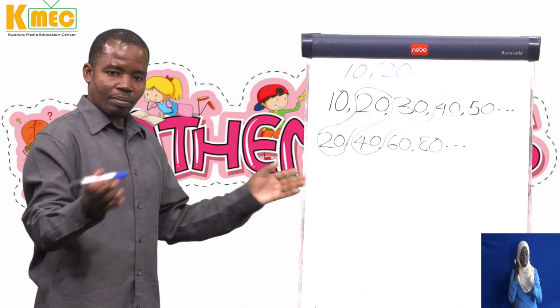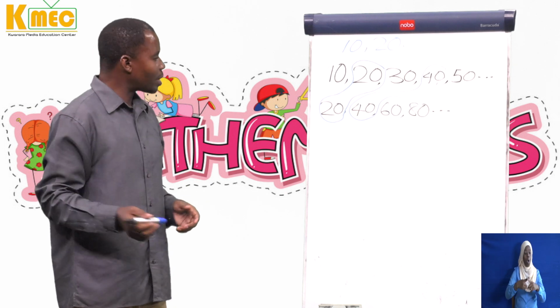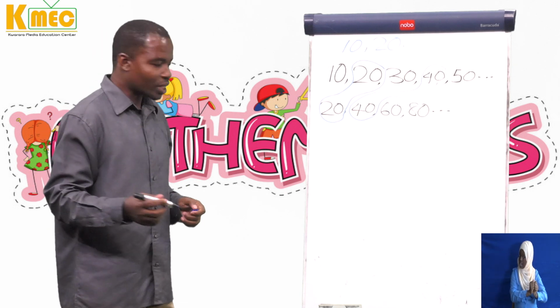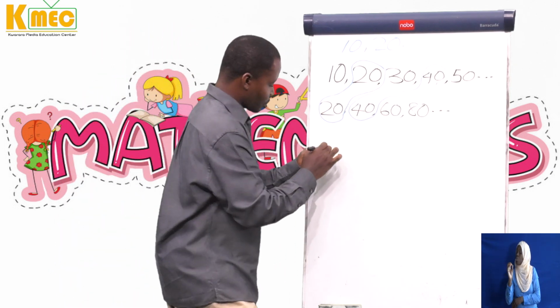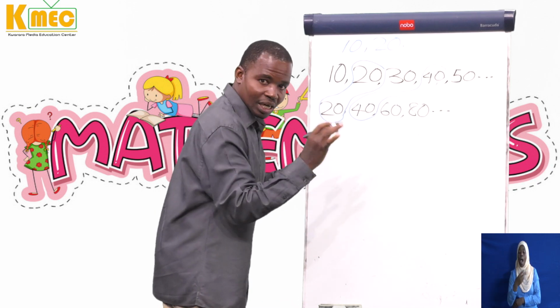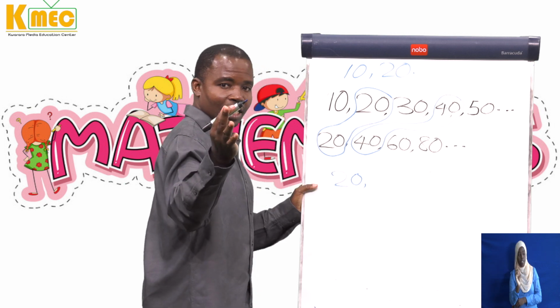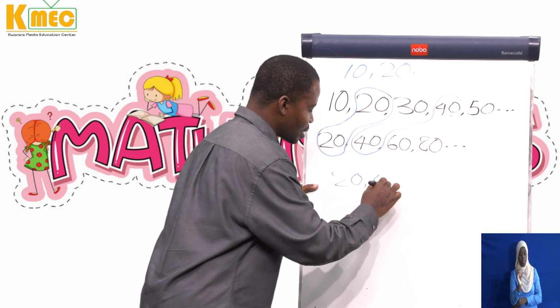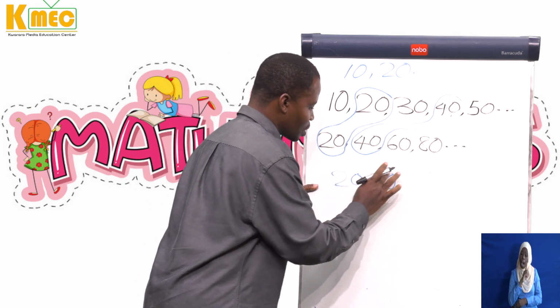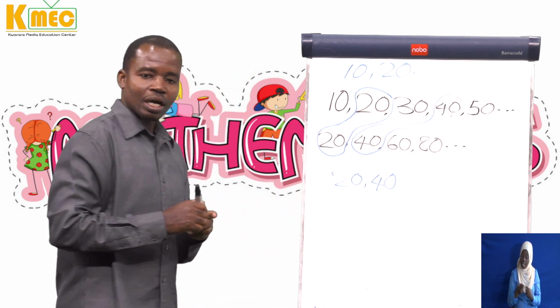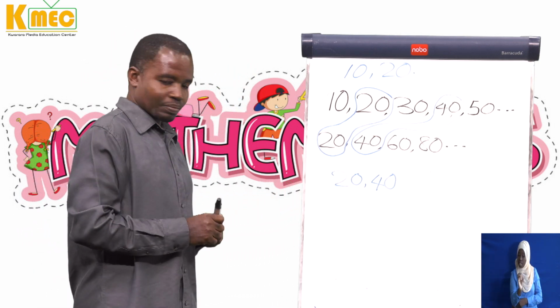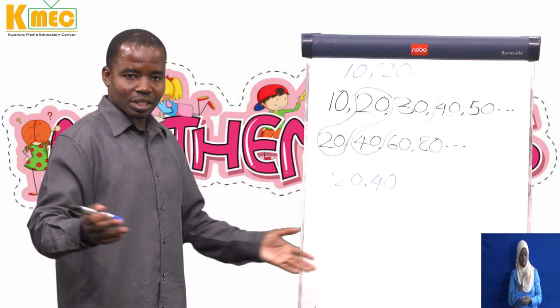So the common multiples of 10 and 20 are 20 and 40. Which is the lowest?